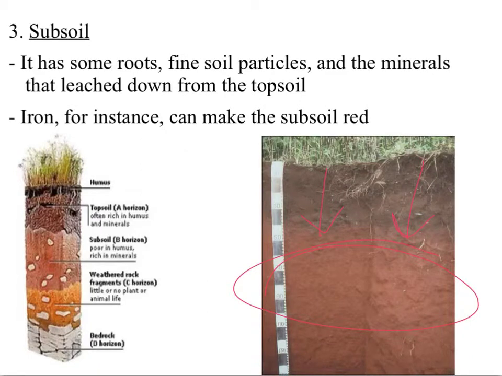Subsoil can also have some roots, and you can see a couple in there. Fine soil particles: it often feels kind of like clay because the smaller particles will sift to the bottom. It's kind of like in a cereal box. The crumbs always go to the bottom of the cereal box if you shake it up. Same thing with soil. Small things find the little cracks and crevices that allow them to drift downward like gravity wants to take them.